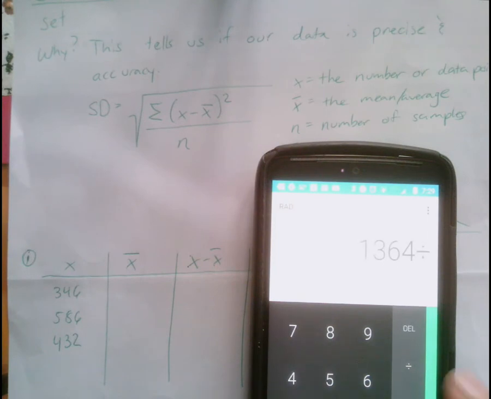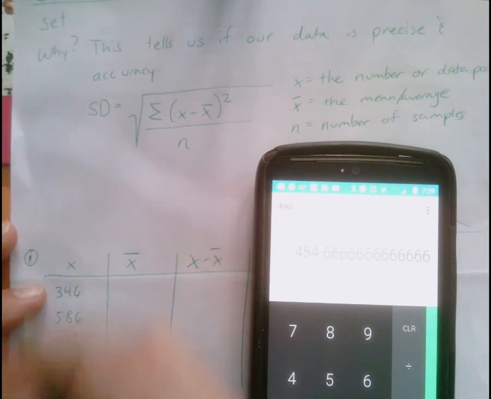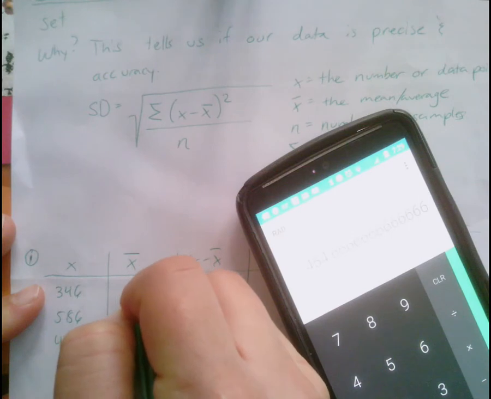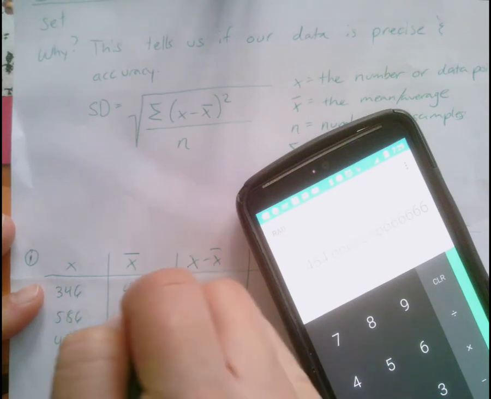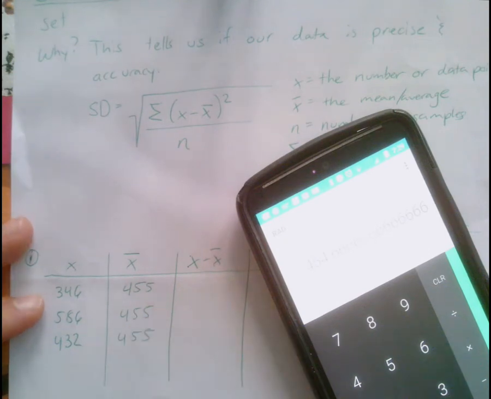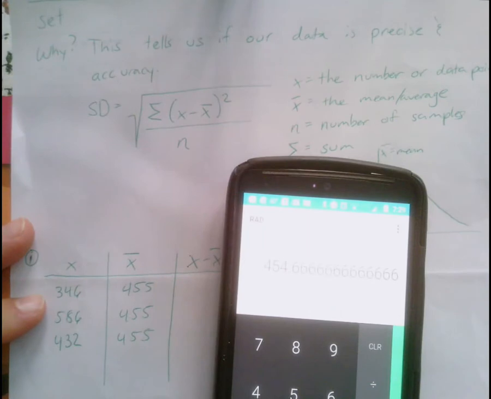And then there's three numbers, so I'm dividing by 3. I'm just going to round to the nearest whole number. I hope so. So the mean is 455, and 455 and 455, because the mean is the same for every data point.